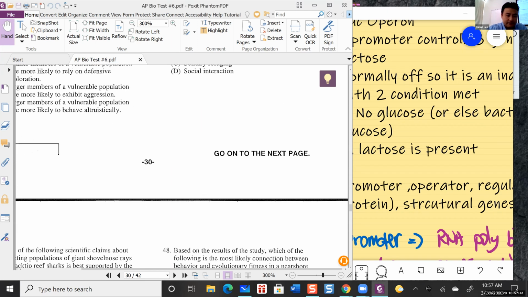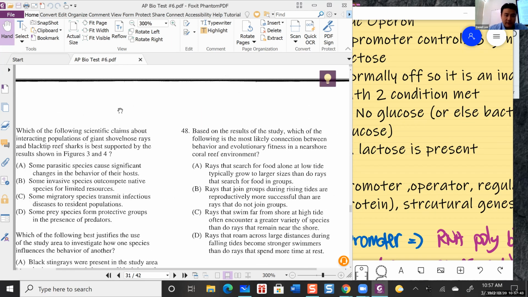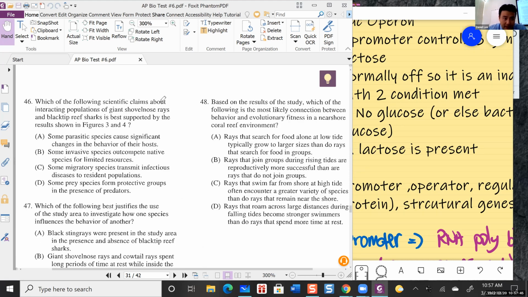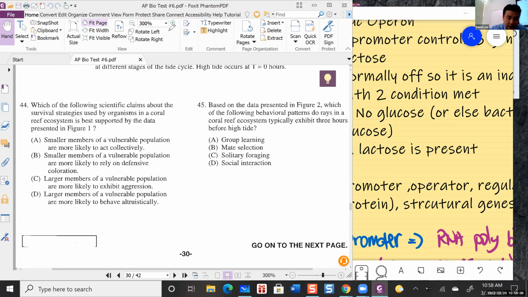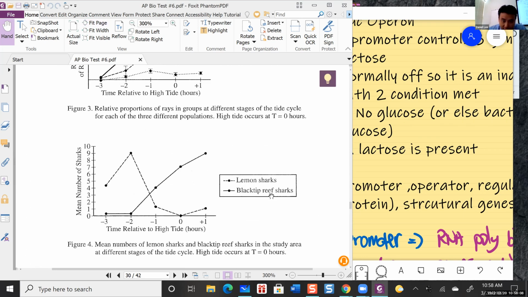46. Which of the following scientific claims about interacting populations of giant noses ray and blacktip sharks is best supported by results in the figures? Oh, good Lord. So we have the shark, we have the giant, okay? Sharks eat the giant. If you look at figures 3 and 4, we are looking at the shark right here. The reef shark loves to hunt when?